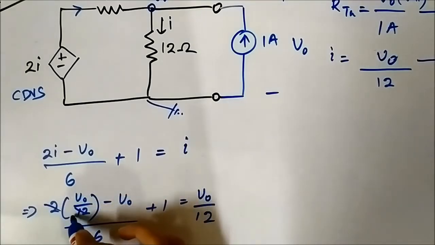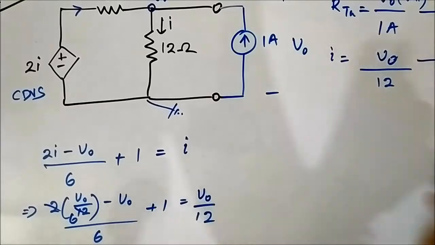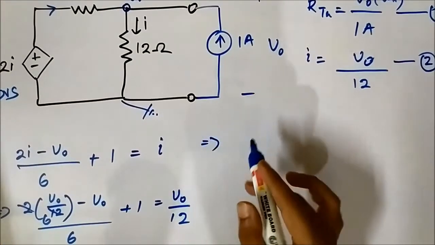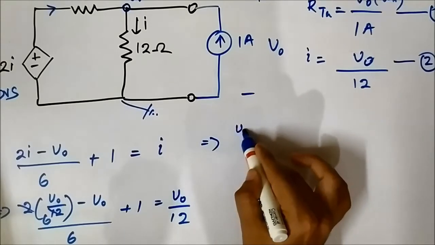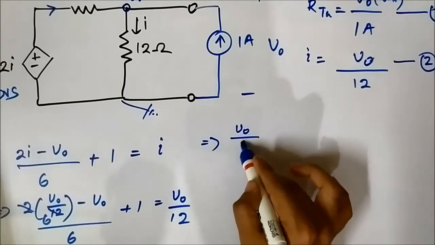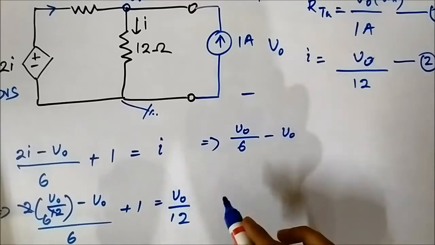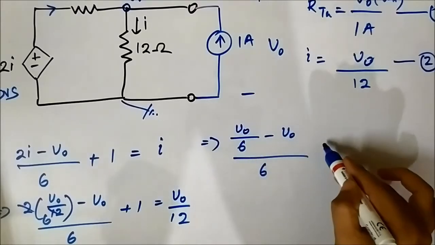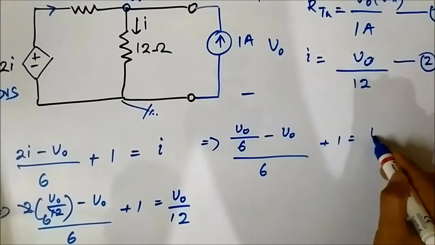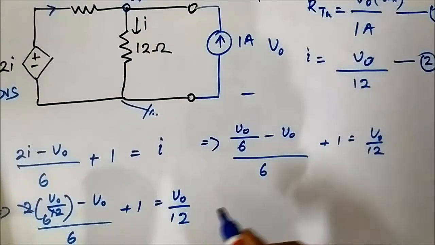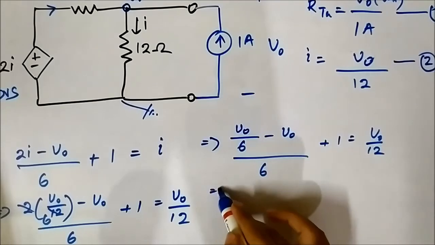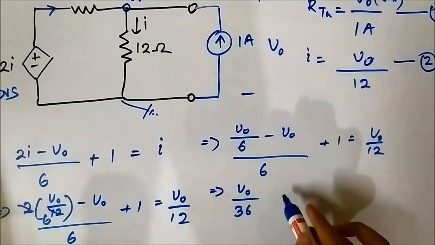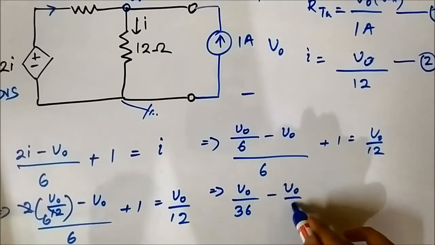So this is V0 by 6 minus V0 by 6 plus 1 is equal to V0 by 12, or we can write it as V0 by 36 minus V0 by 6.